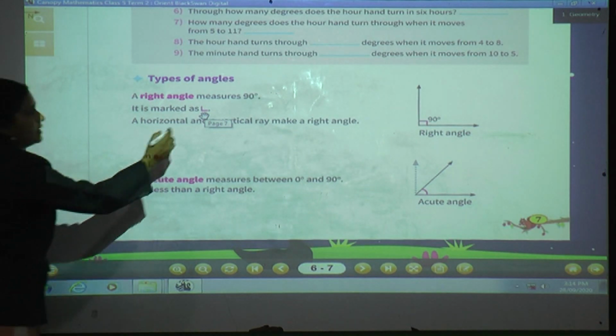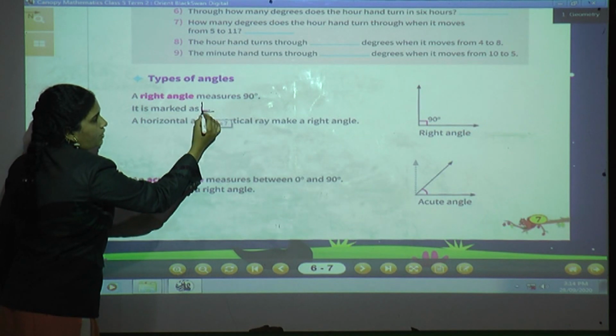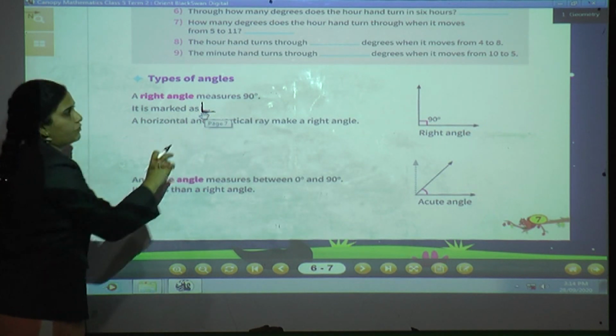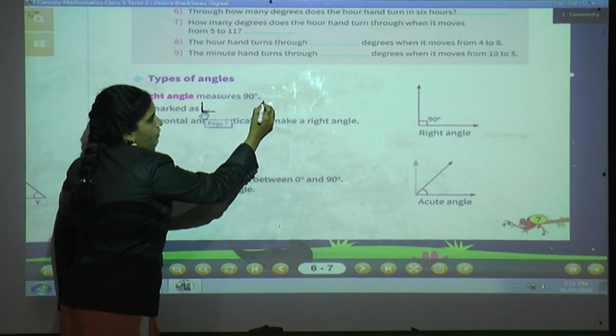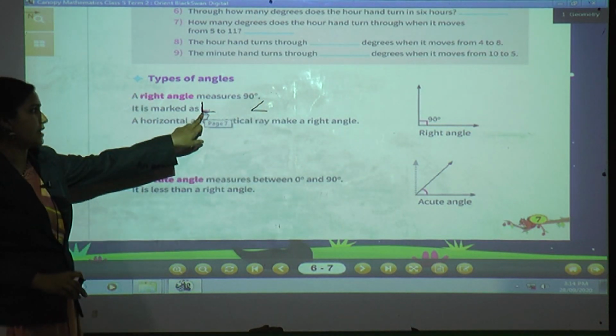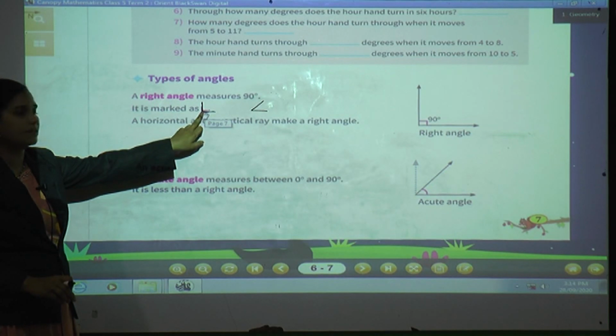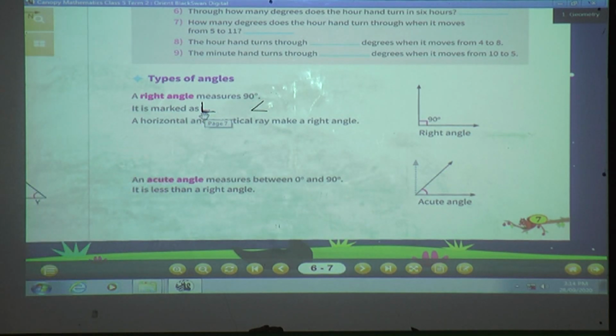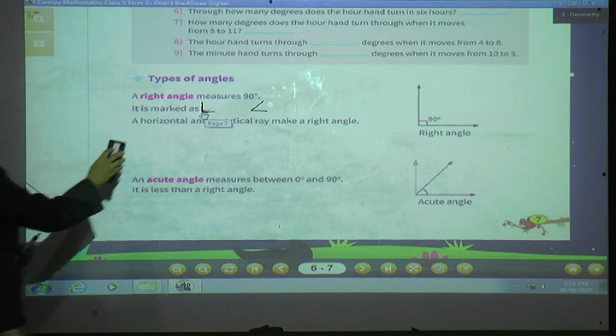Don't confuse the angle sign with this one. We denote an angle with this sign, but a right angle is marked like this. So don't get confused between these two signs.